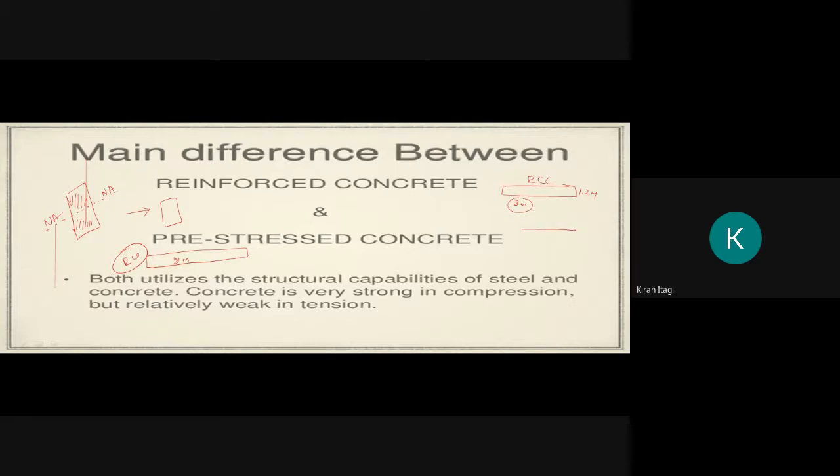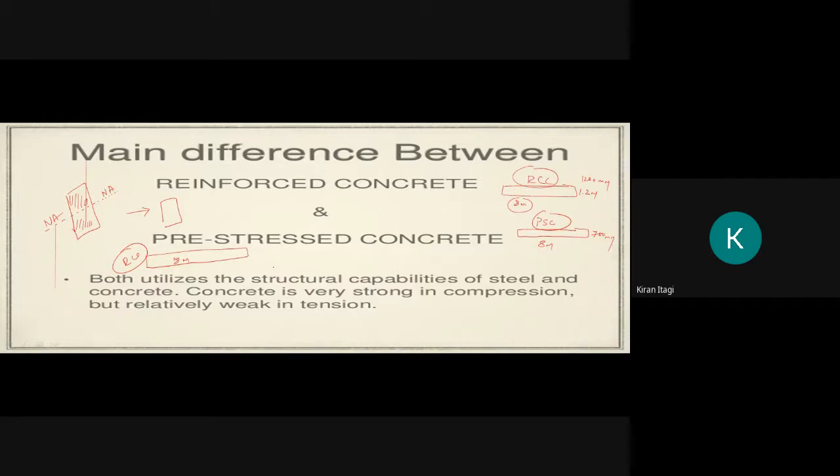But in pre-stress concrete the span will be the same, and we can reduce the size up to 700 mm. This is 1200 mm, and pre-stress concrete is 700 mm. So the section of the RCC is greater with respect to the pre-stress concrete.